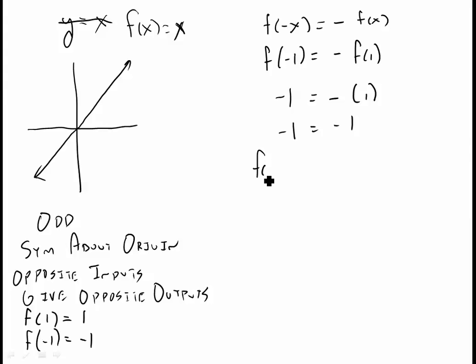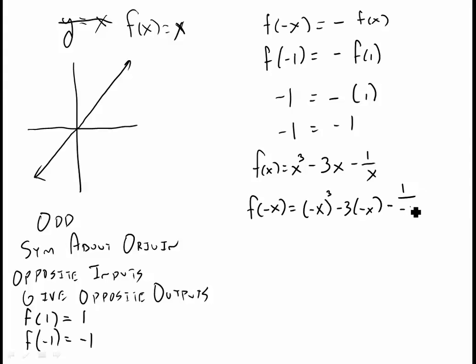Say that f of x equals x cubed minus 3x minus 1 over x. Well, what happens if I use the opposite of x? So by substitution, a negative number cubed is negative.